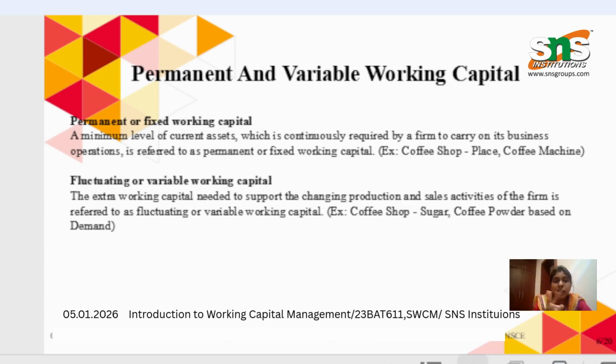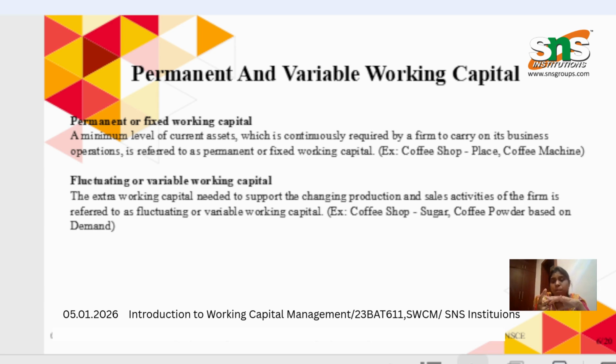It is the extra working capital needed to support the changing production and sales activities of the firm. Coming to the example, if we need to produce something, we need some ingredients or some working capital which needs to be supported for the change. So the extra working capital needed to support the changing production and sales activities of the firm is called variable working capital, or fluctuating working capital.